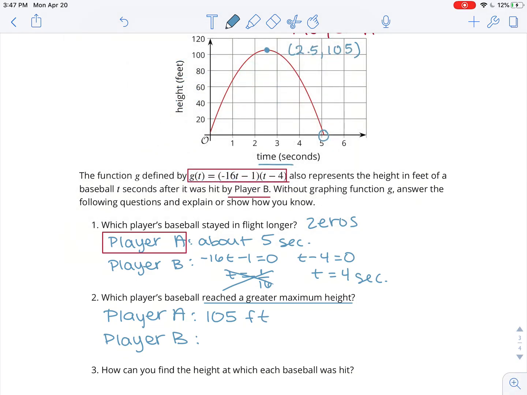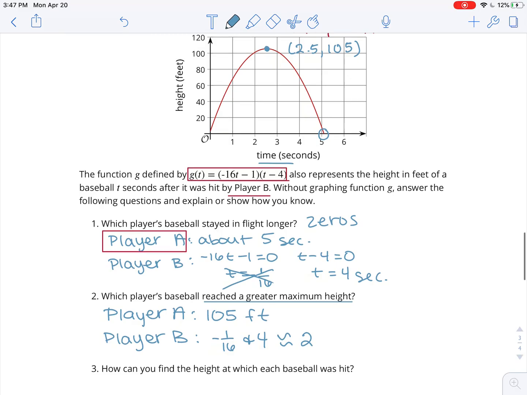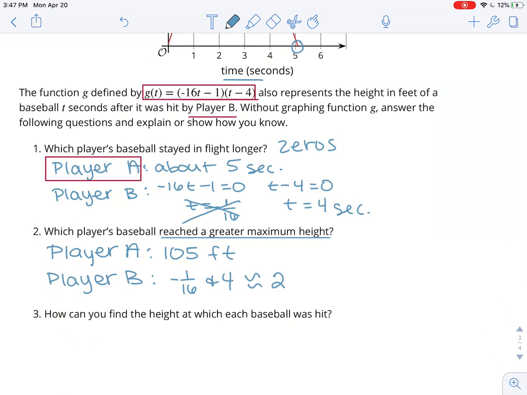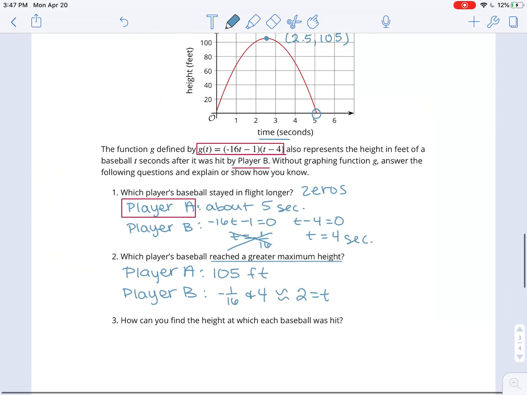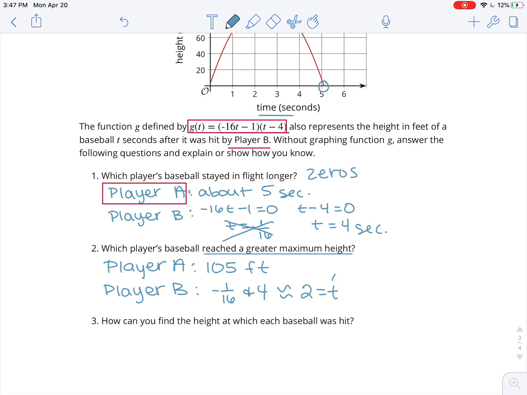If you remember, our zeros from part 1 were negative 1/16 and 4, and so we can estimate that halfway between is going to be at about t equals 2. Then we can plug t equals 2 into our equation and solve.